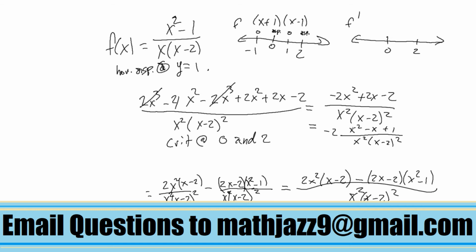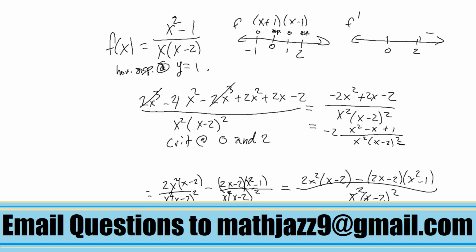So what we know is that this polynomial is positive everywhere because it has no roots and has a positive leading term. We know that these are even-powered roots. We know that this is a negative number outside of the fraction. That tells us that we're going to have a negative value for our derivative here. When we hop over 2, we look at our root for 2. It's even.